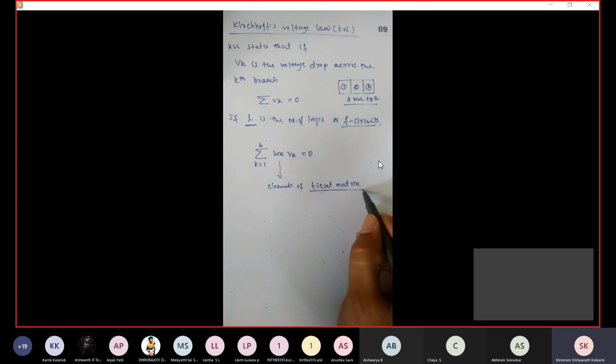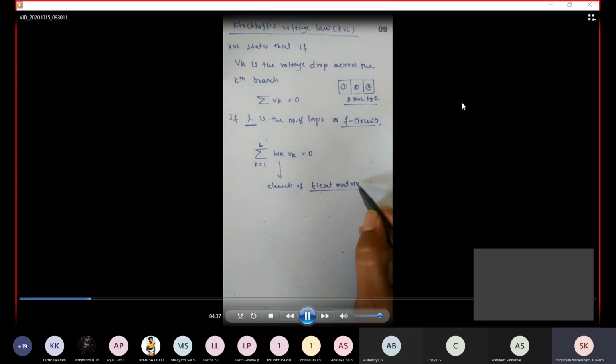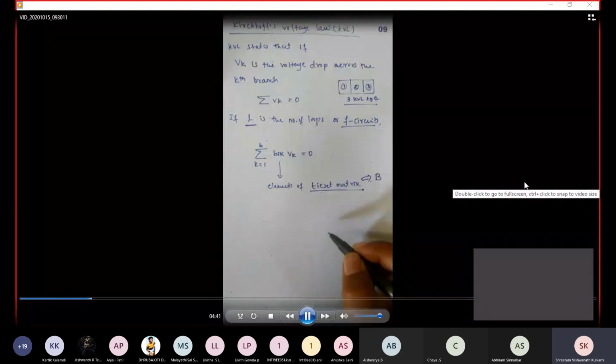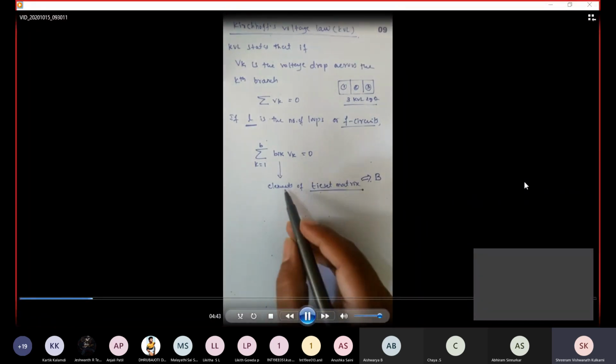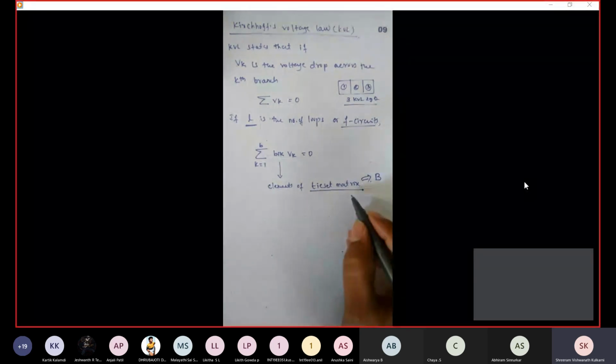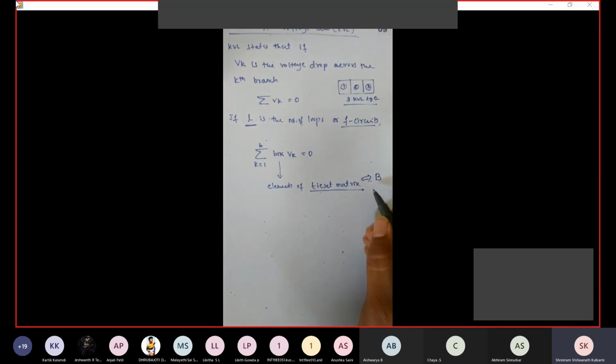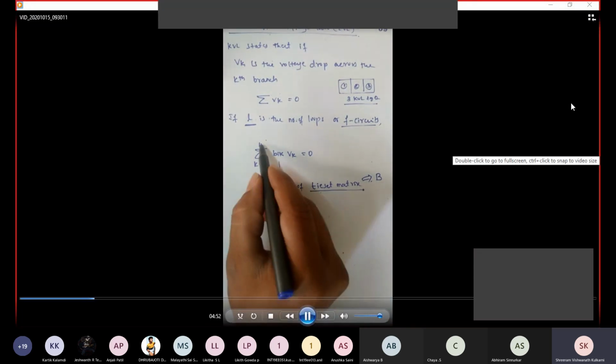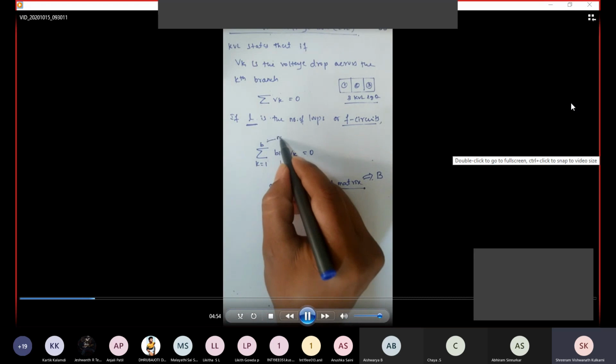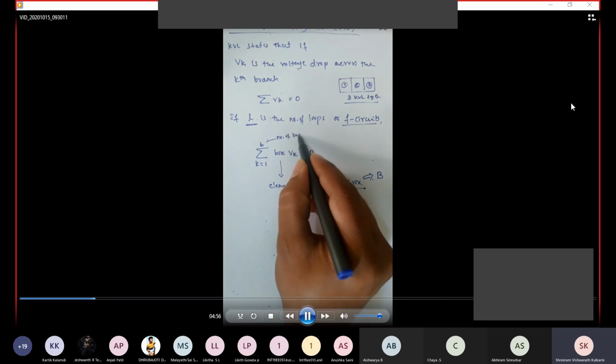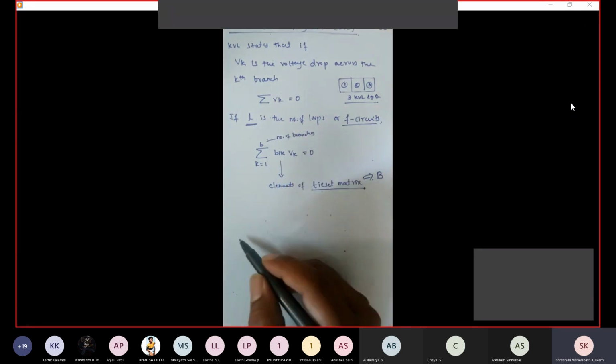We are going to denote the tie-set matrix as capital B. Yes, Bik is the elements of tie-set matrix B. Now here b is the number of branches.